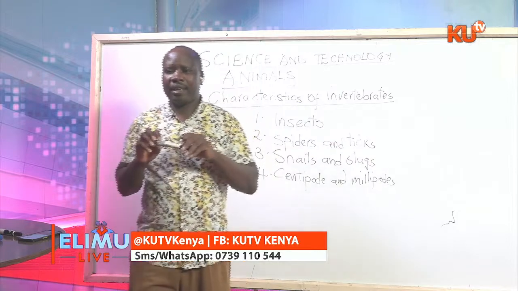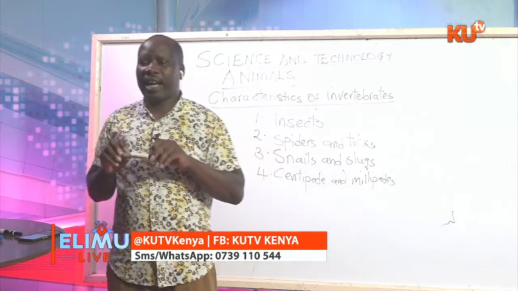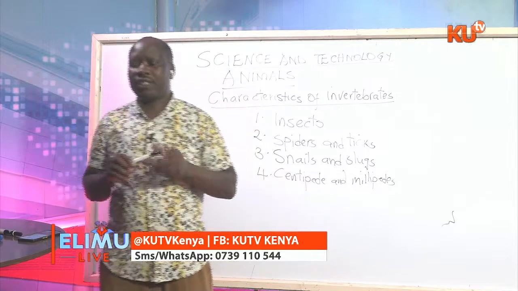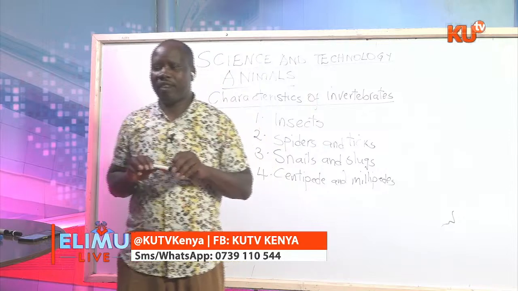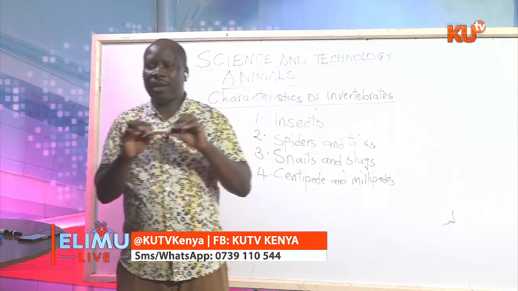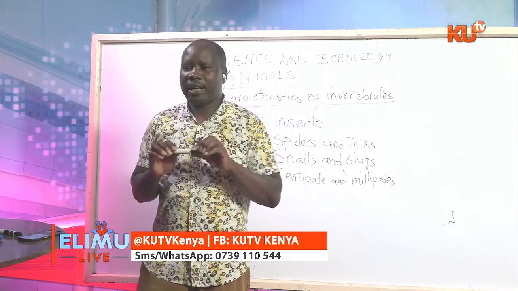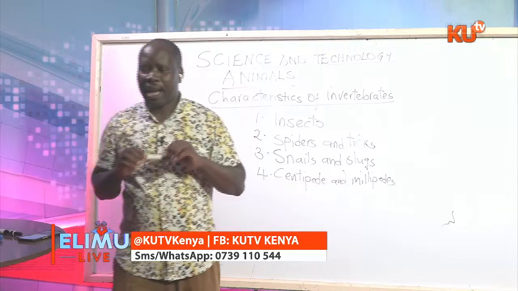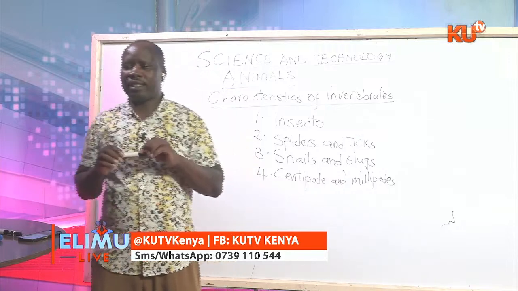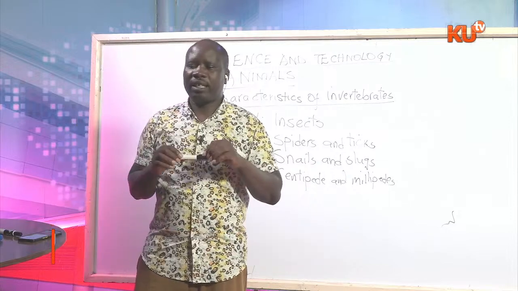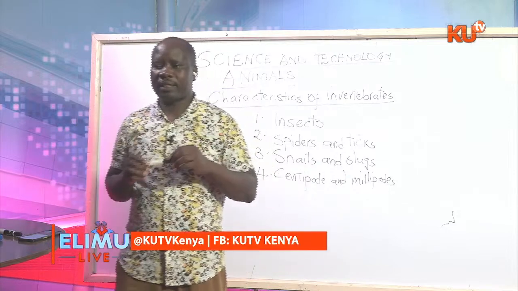If somebody asks you to give the characteristics of insects, what will you say? If somebody gives you a diagram or a real animal and tells you this is an invertebrate, under which category does it fall? Or prove that this is an insect.